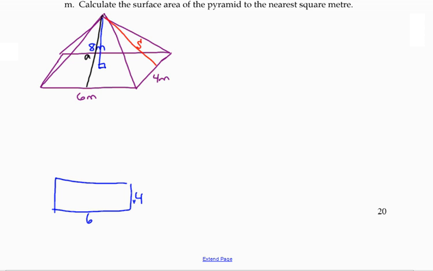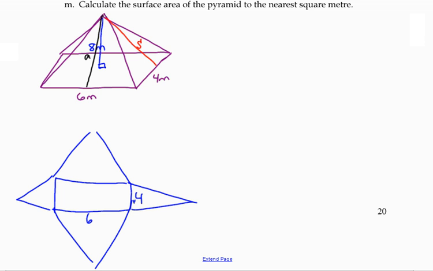It's not even there. So in our net, we have our A, which is here, and we have S, which is red.